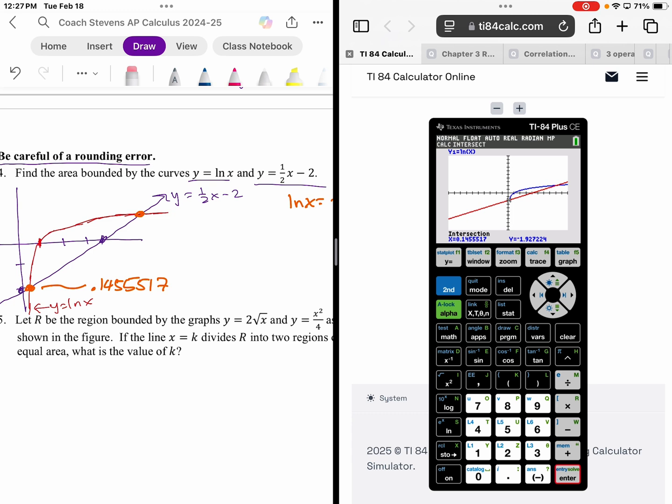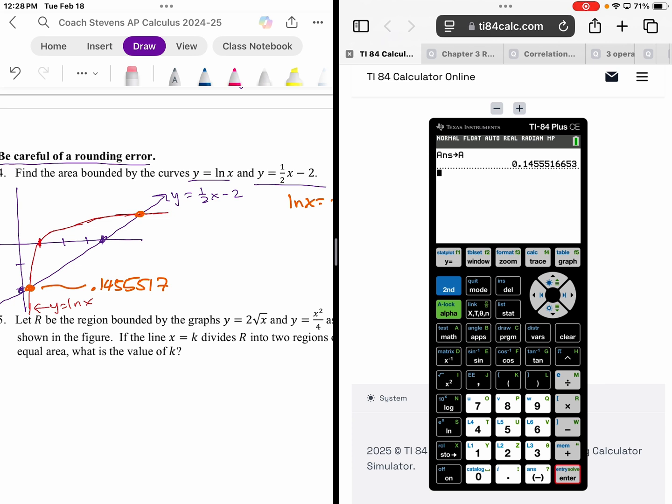But what we can do is use the storing option to store that value for a letter. Hopefully this works this time. If I press second, quit, hit store, and then alpha, and then A is math, alpha A, and hit enter.